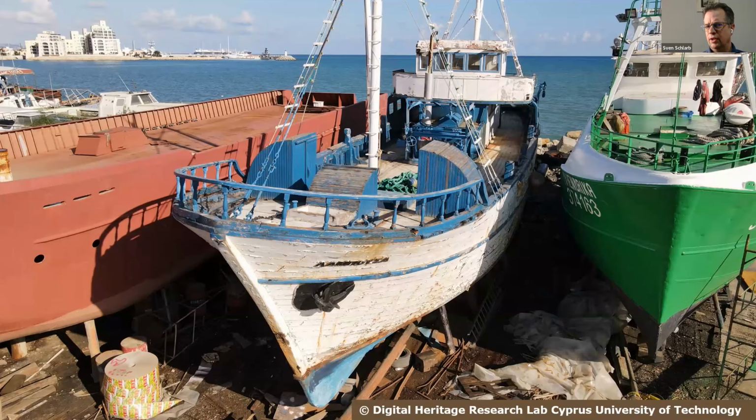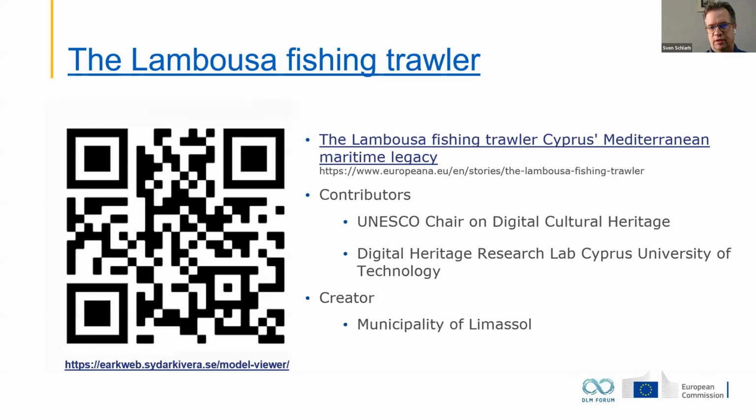Another picture of the fishing trawler here. It looks a bit like a small boat, but it's actually quite big in reality. And if you want to read a bit about the history and everything behind that, it's under this link that you can get when the slides are sent out.